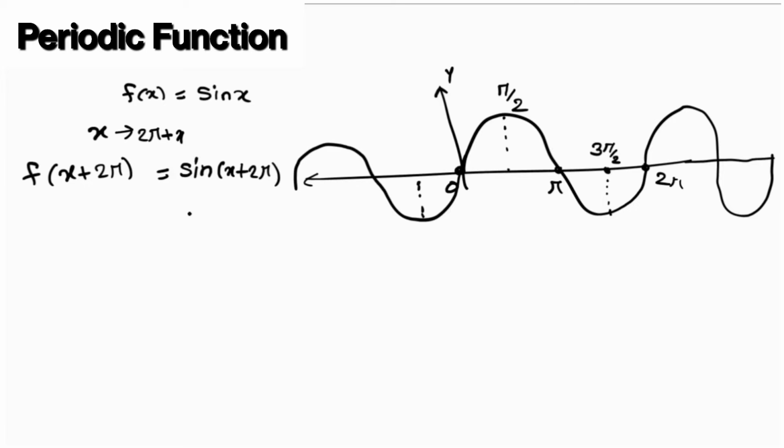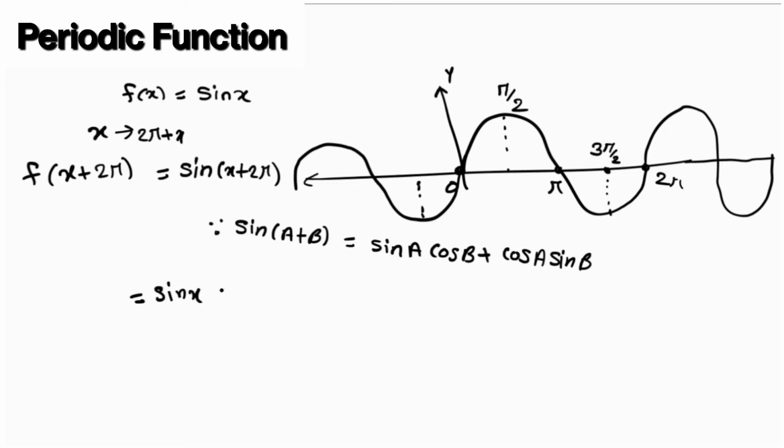If we apply the sine a plus b formula, the formula of sine a plus b is sine a cos b plus cos a sine b. Now apply this formula for this term, so you will get sine x cos 2 pi plus cos x sine 2 pi.